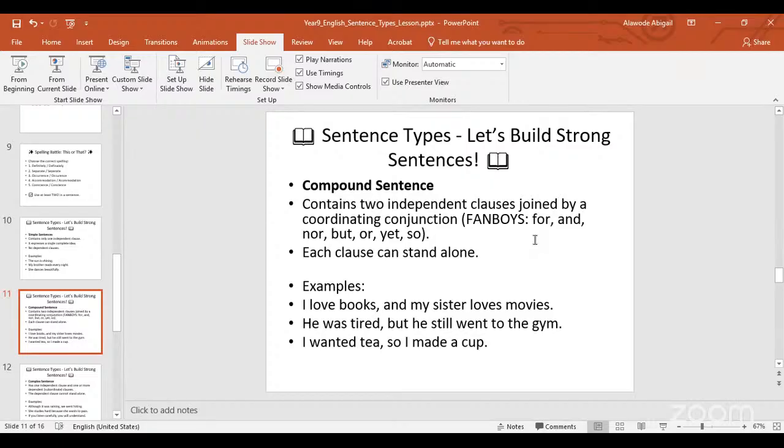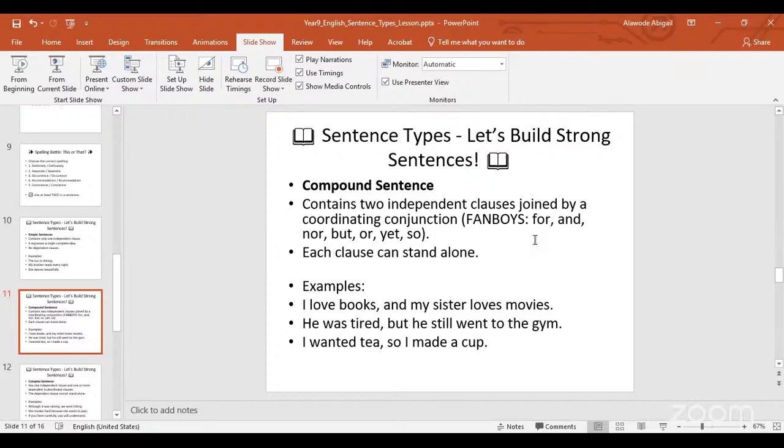What does F stand for? For. What does Y stand for? Yet. How about B? But. And N? Nor. The S? So.